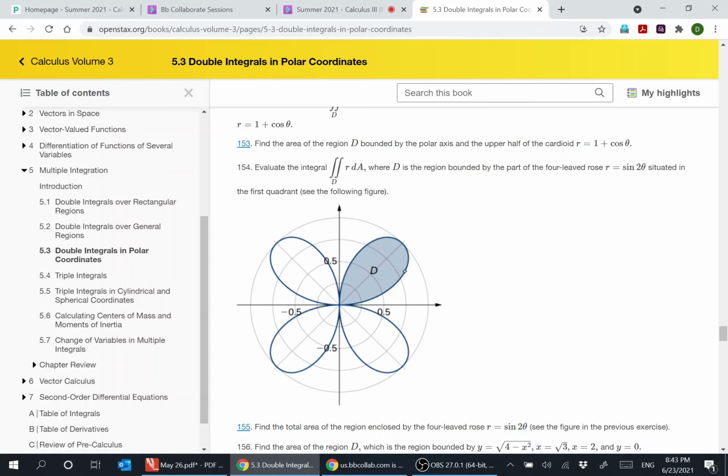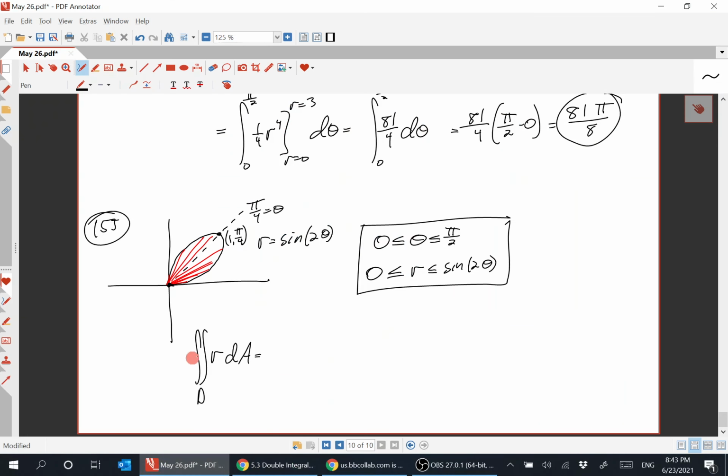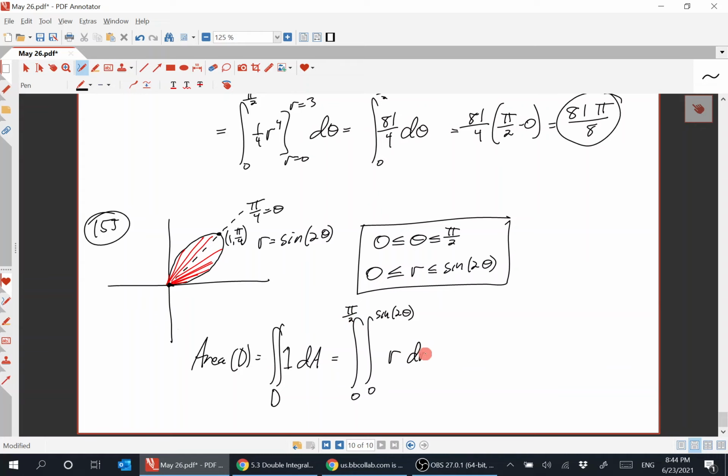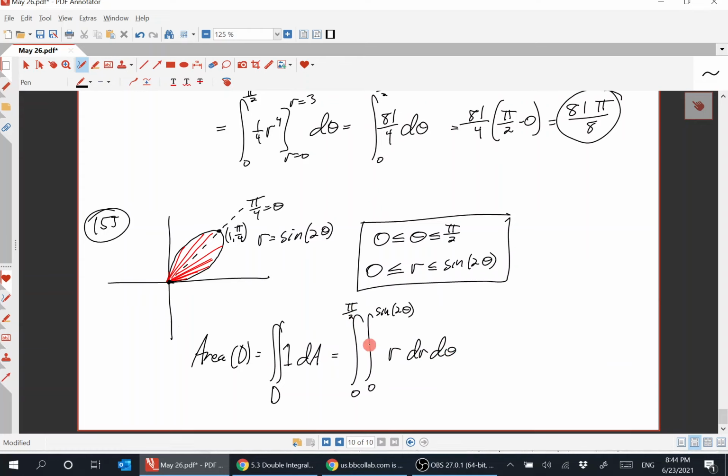Find the total area of the petal. So the area of D is the double integral over D of 1 dA. So that's the integral from 0 to pi over 2 of the integral from 0 to sine 2 theta of r dr d theta.